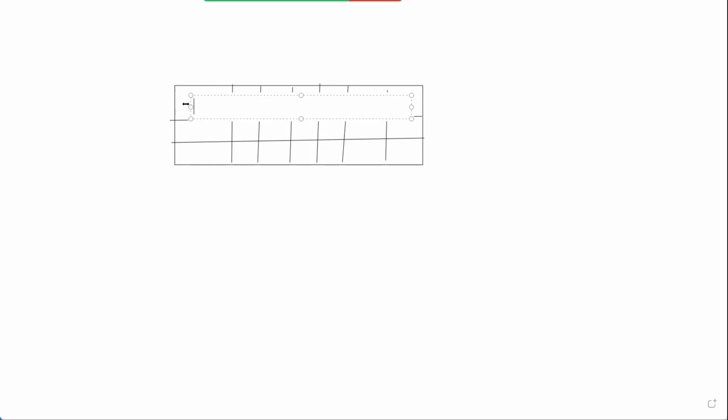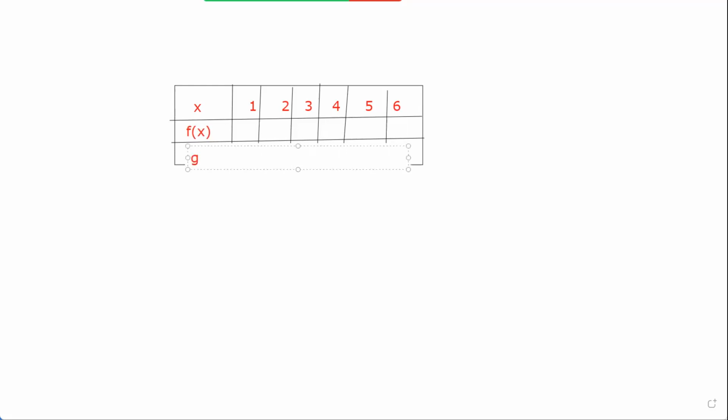This was X. This was f of X. And this was g of X. So now what do we have here? 0, 9, 7, -3, and 8.